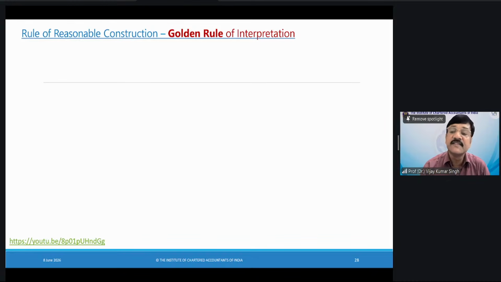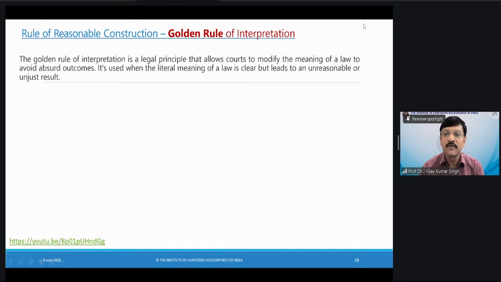Now comes the rule of reasonable construction. Unfortunately, the rule of literal construction many a time does not solve the problem, and hence many times you have to go for the rule of reasonable construction. So what is the rule of reasonable construction? This is also referred to as the golden rule of interpretation, because most of the time you will try to make the statute workable, right? The golden rule of interpretation is a legal principle that allows courts to modify the meaning of the law to avoid absurd outcomes.